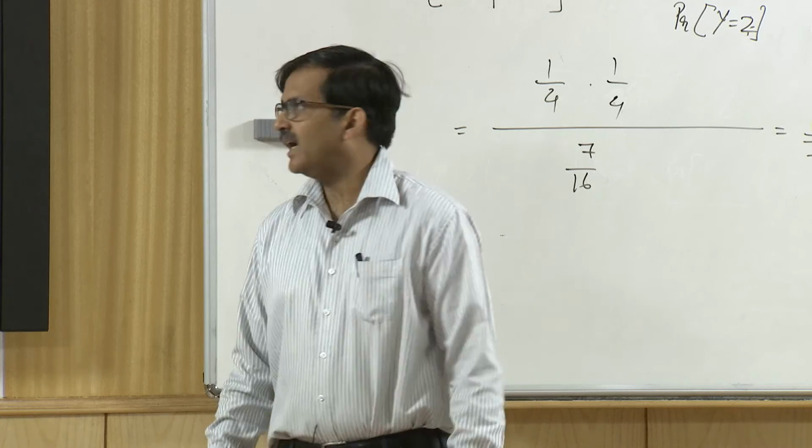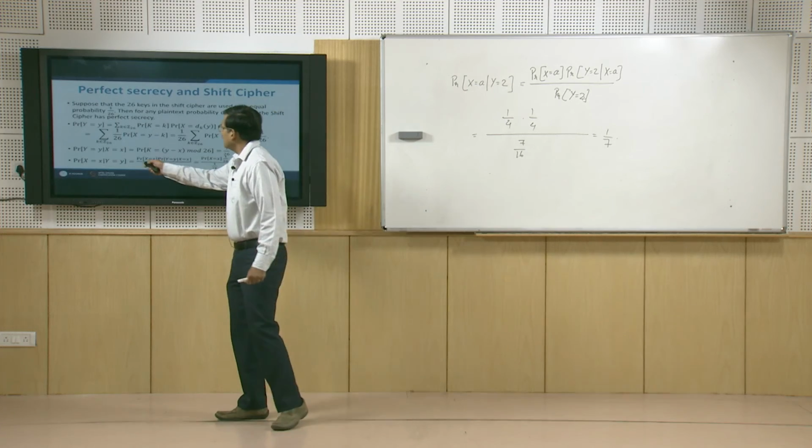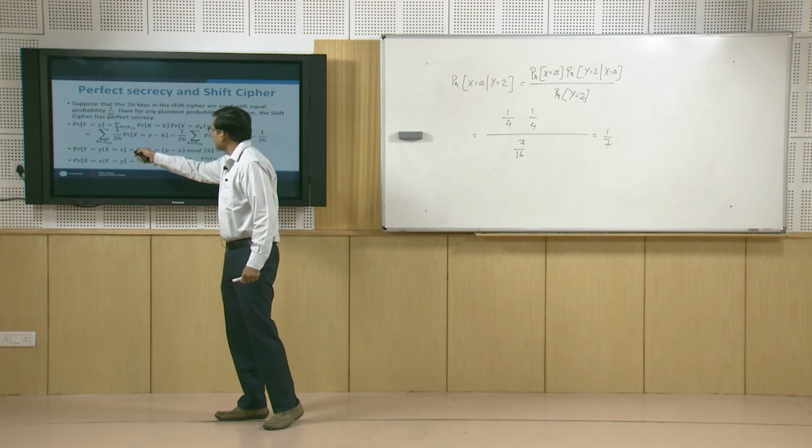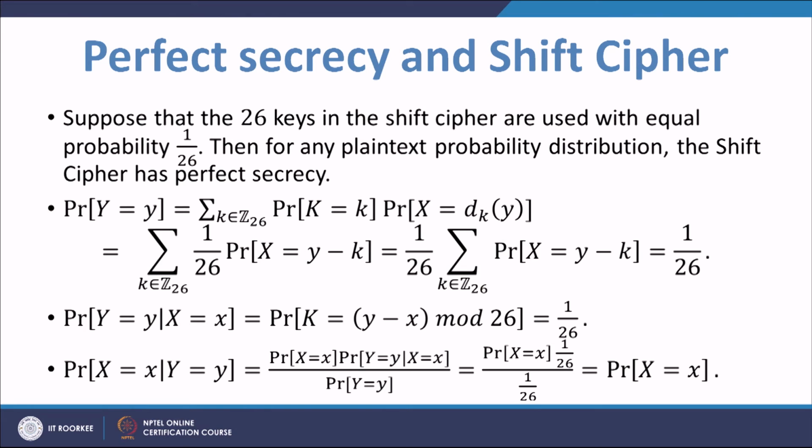Let us look at this line and the following lines. We start with probability of y equal to small y, that is the sum over k running over Z sub 26 of probability of capital K equal to k times probability of x equal to d_k(y). This is exactly the formula that we have derived.